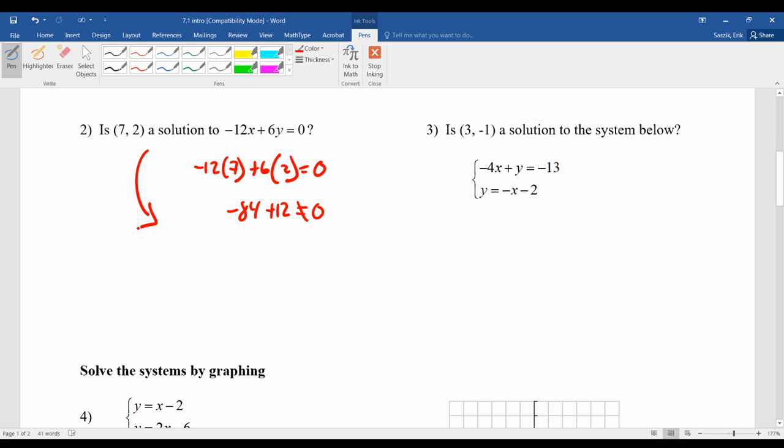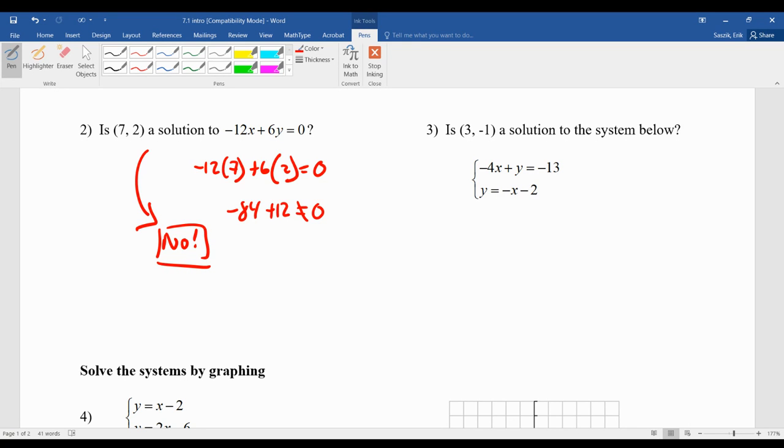So this answer is no. Okay, that's all it means. A solution is a point that satisfies the equation, which means it's a point that is on the line.